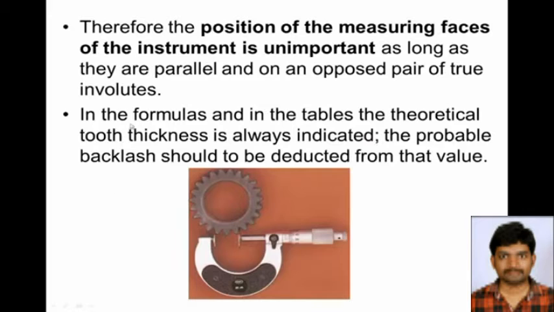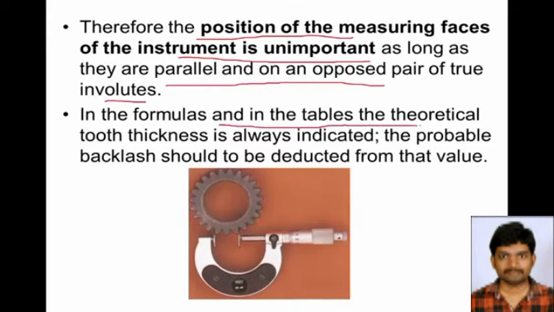Therefore the position of the measuring faces of the instrument is unimportant as long as they are parallel and on an opposed pair of true involutes. In the formulas and in the tables, the theoretical tooth thickness is always indicated. So the probable backlash should be deducted from those values.